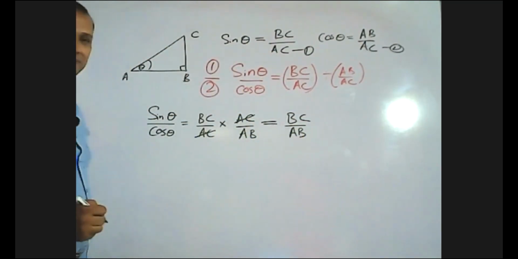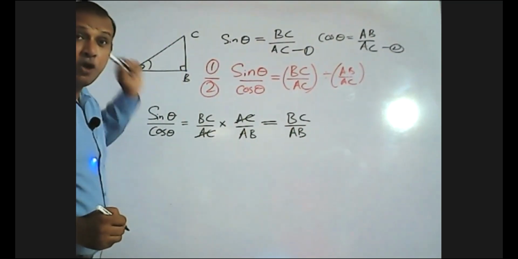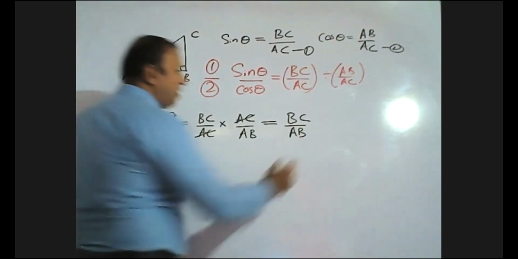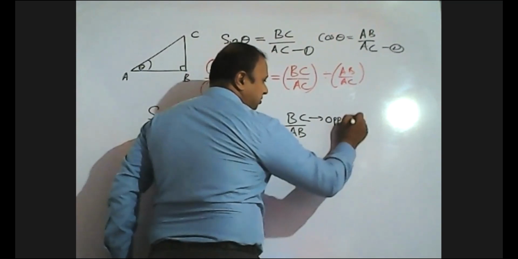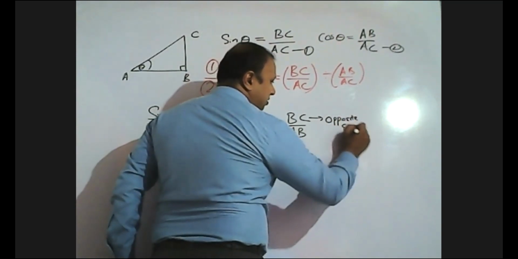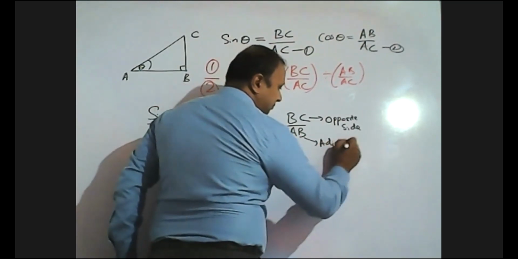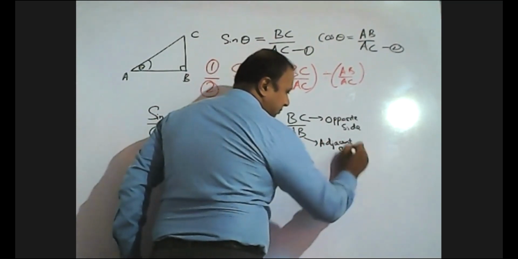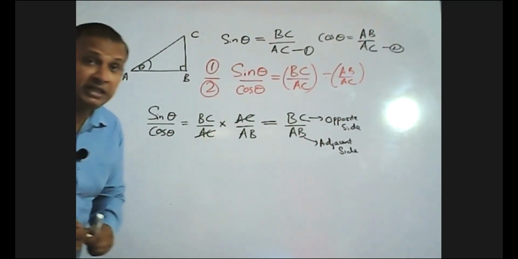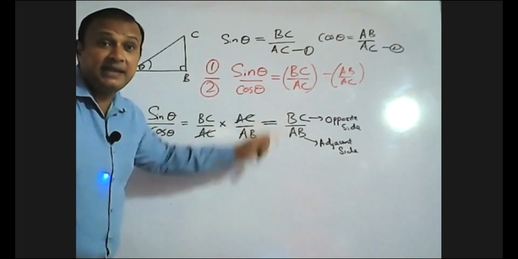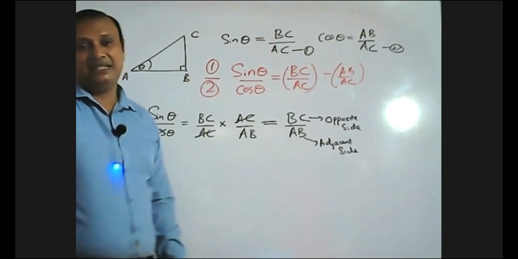BC means the opposite side, and AB means the adjacent side. So this is equal to opposite side over adjacent side, which means tan theta.